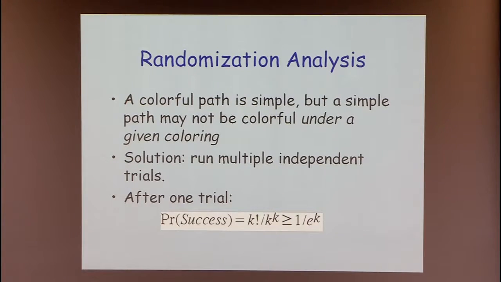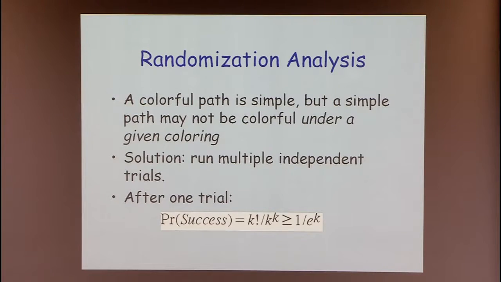There are k to the k possible colorings of this path, and therefore the probability that you are succeeding, that your path is really colorful, is at least 1 over e to the k, which means that if you now do this color coding e to the k times, then in expectation there will be one time in which you will discover the path that interests you.